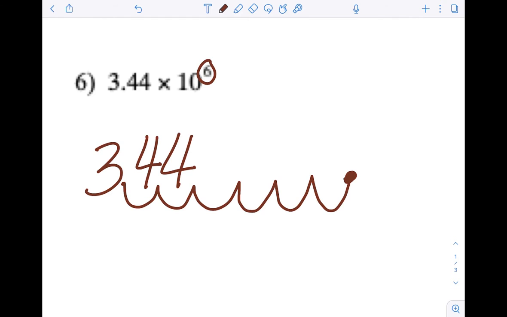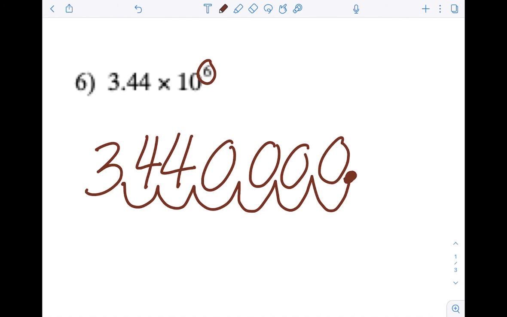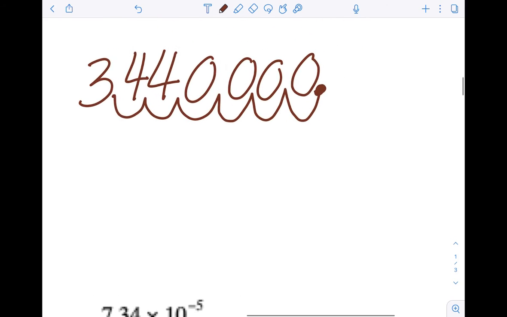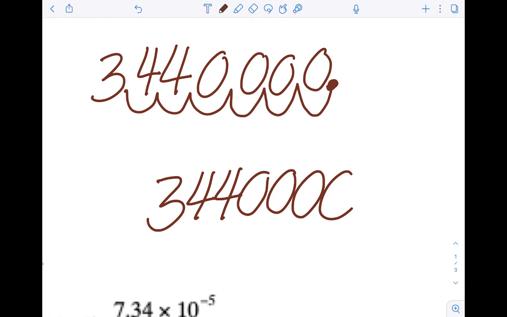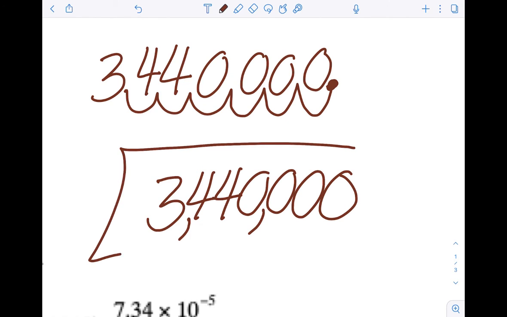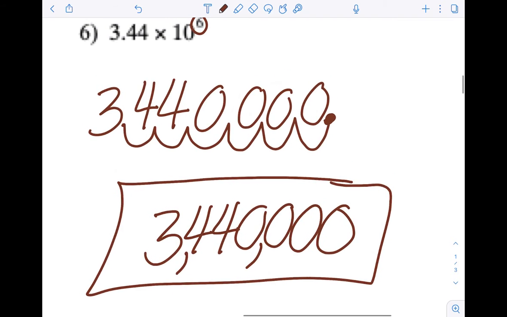All the empty spots get zeros. So our solution is 3,344,000. Since the decimal is at the end here, I don't even need to write it. And I count every 3 numbers. And that is our solution right there. Look at that.